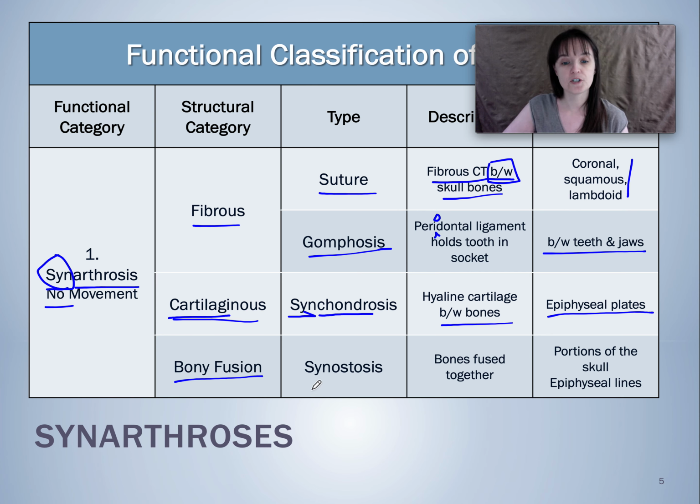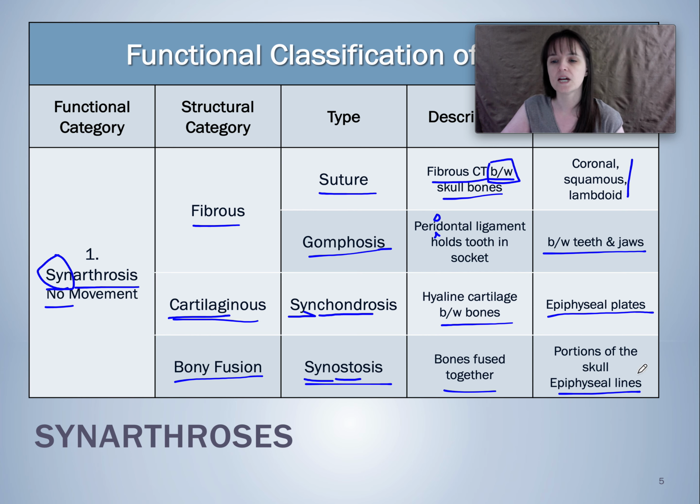And bony fusion is synostosis. This is where bones are fused together. Once the epiphyseal plates close, it leaves epiphyseal lines, and those are syn, and then osteo, there's no E. Synostosis is bony fusion, and cartilaginous is cartilage fusion.